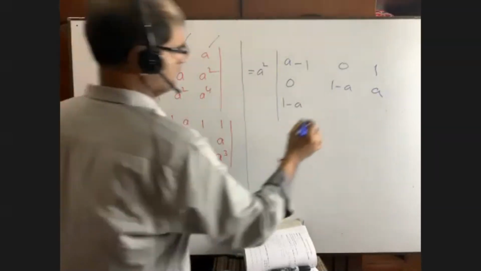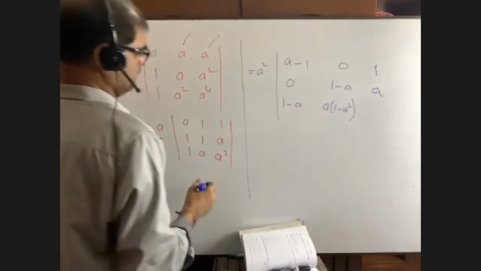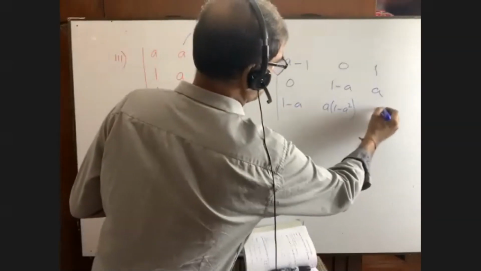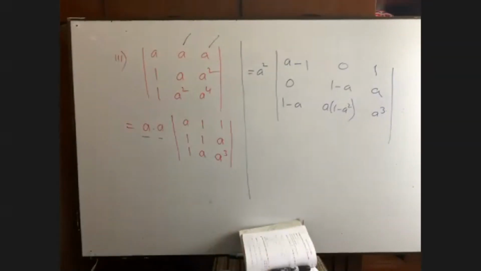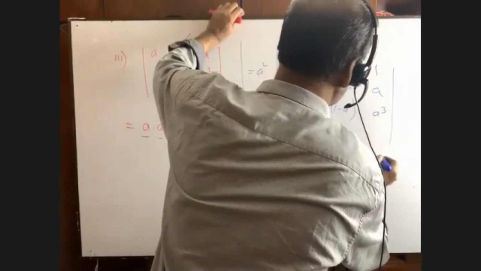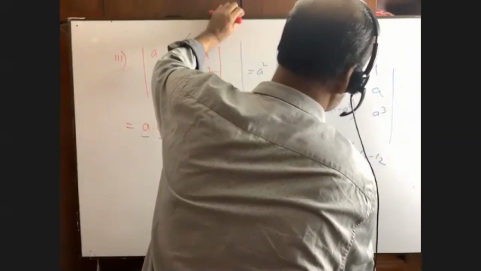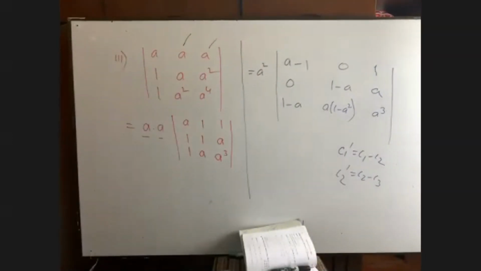This is a into 1 minus a square. This is a cube. What you have done? Column 1 equals column 1 minus column 2. Column 2 is equal to column 2 minus column 3.